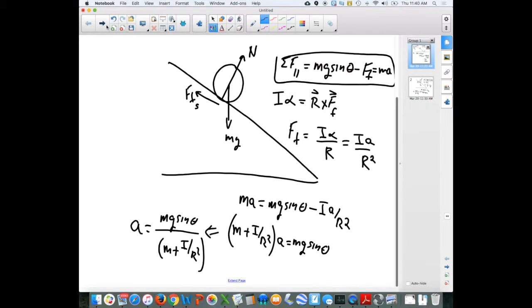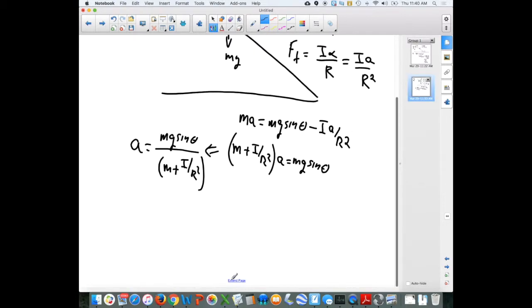Going back to where I was, let's assume it's a hoop. So, I of a hoop is mr squared. That's going to give me a is mg sine theta over m plus mr squared over r squared.